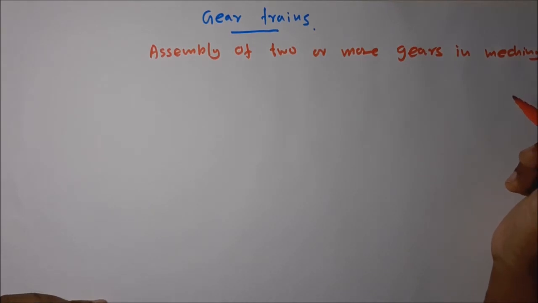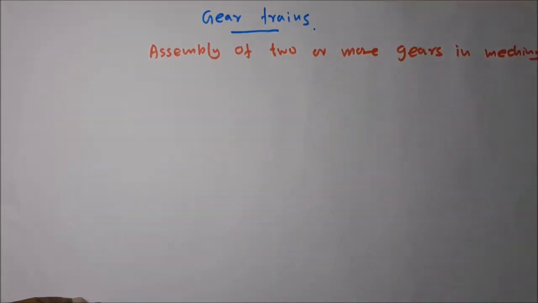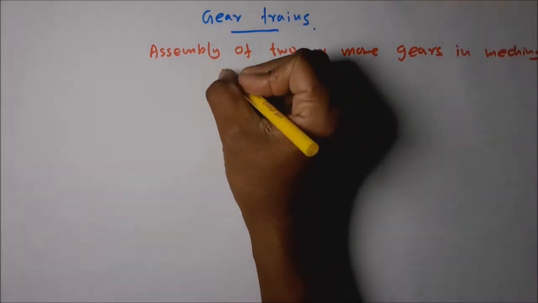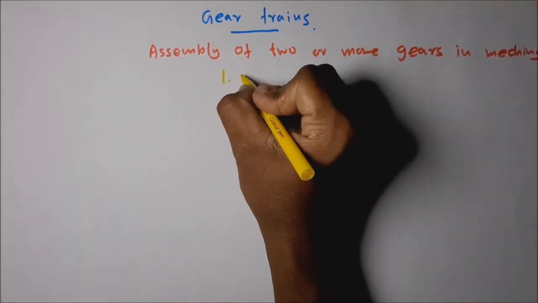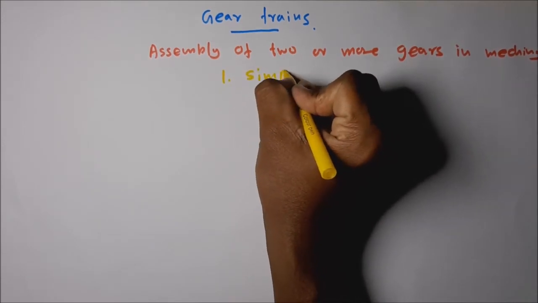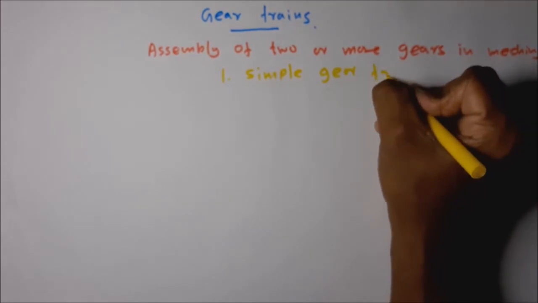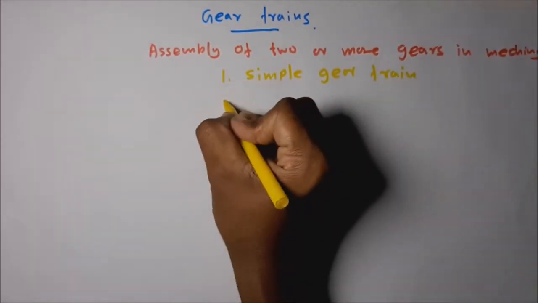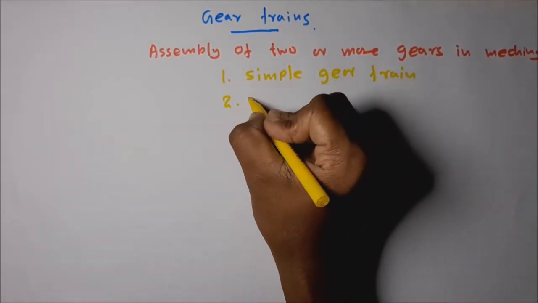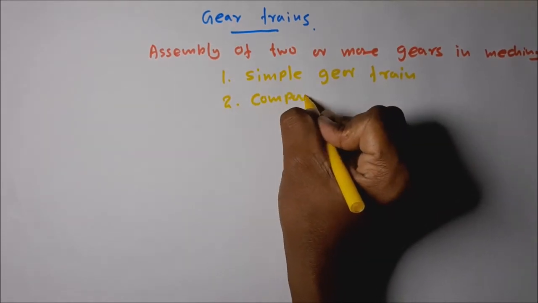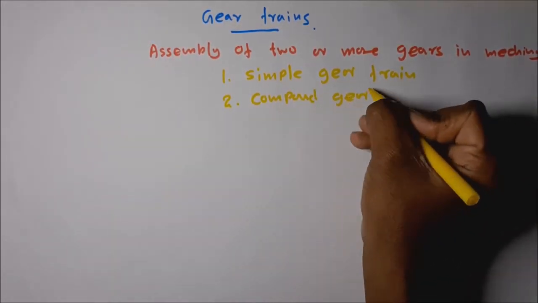Okay, gear train. There are four types of gear trains. The first type, simple gear train. The second type, compound gear train.